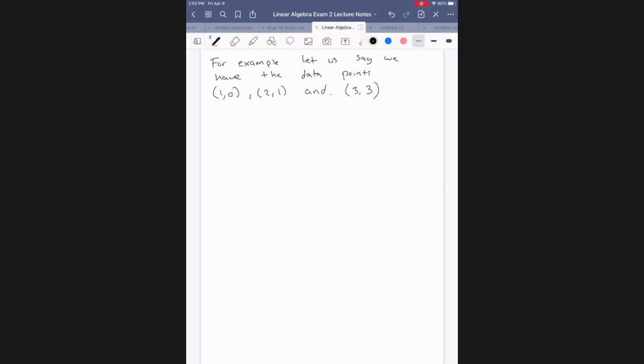So we want a line, say y equals c1 plus c2 x, that best fits the points. Here's 1, here's 0.